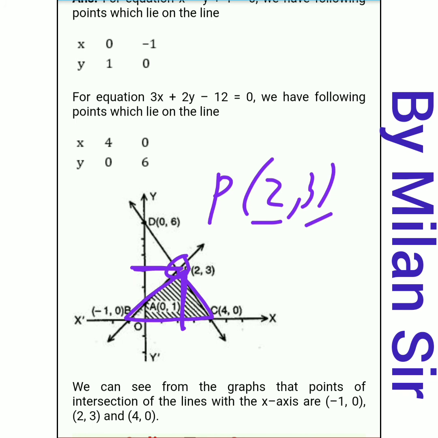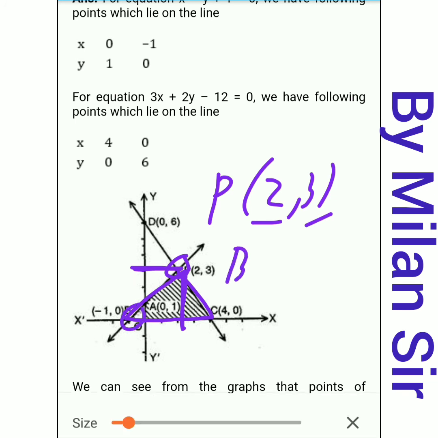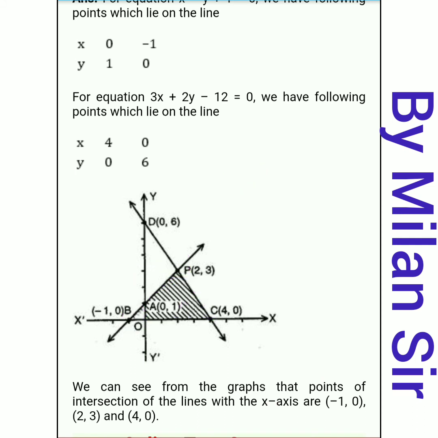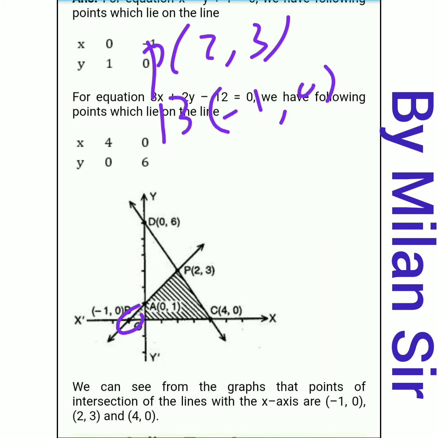Okay, then the second point, here it's B, and the coordinate of this point is (minus 1, 0). We already wrote it, right? P is (2, 3), second B is (minus 1, 0), and the third coordinate is C (4, 0), right? We already wrote the coordinates of B and C. We just found the coordinate of P, so our three coordinates are ready.